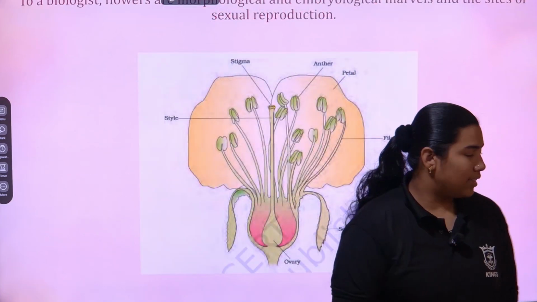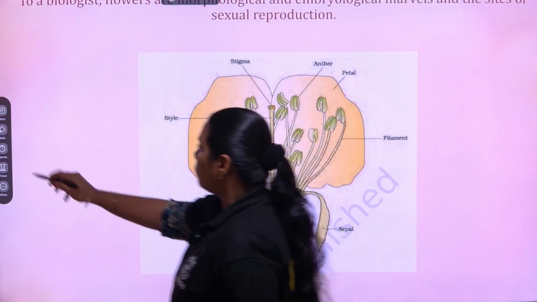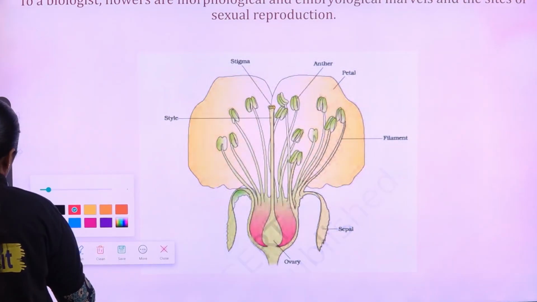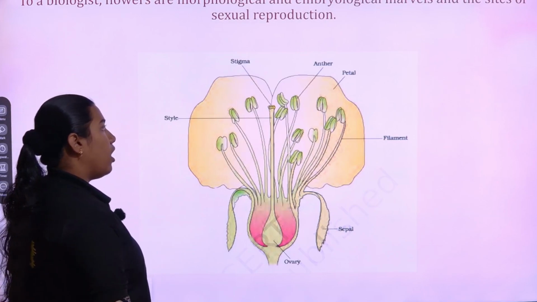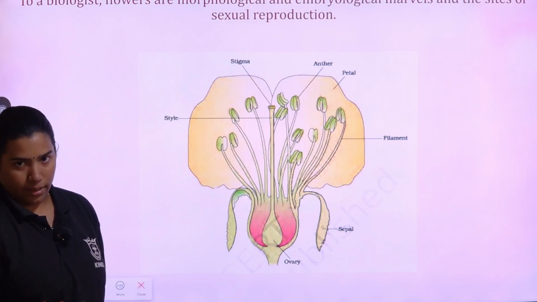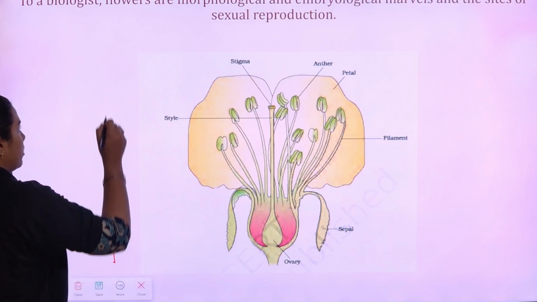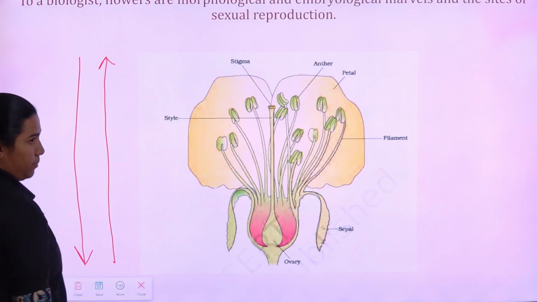Now, let's look at the basic, the simplest diagram that we commonly use. Whenever you study a diagram, make sure you either study from bottom to top or top to bottom.